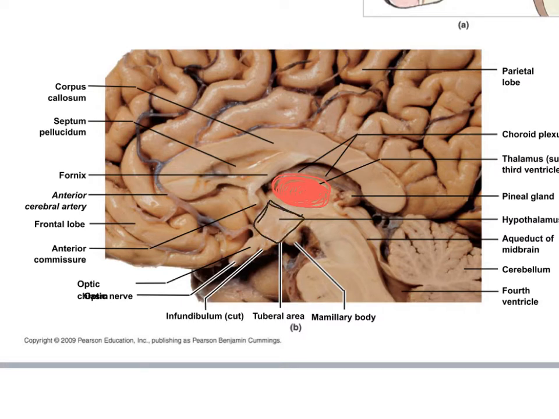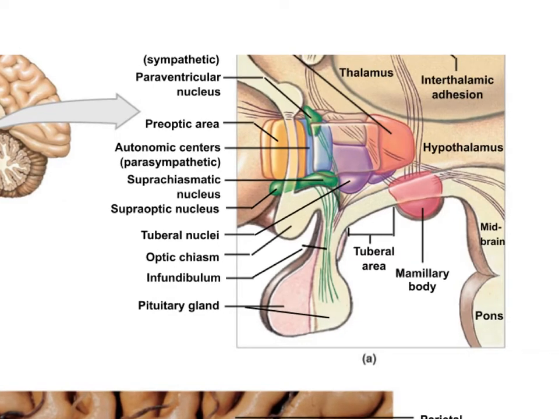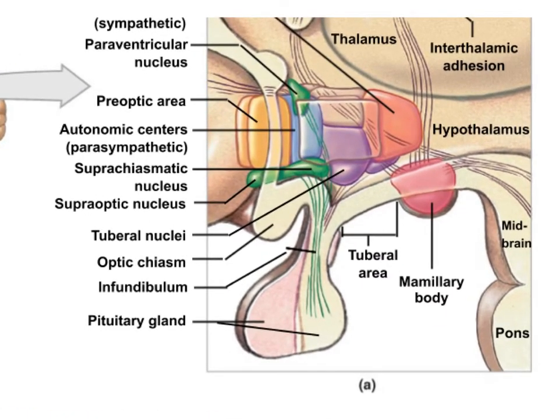It's kind of like a triangular, rectangular sort of shape. And that is the hypothalamus. Now, the hypothalamus has several different nuclei in it, several different centers and areas. And we're going to go over all the functions of the hypothalamus.